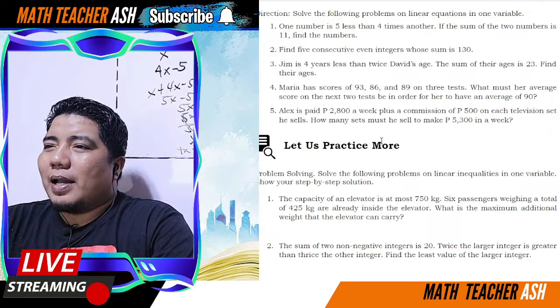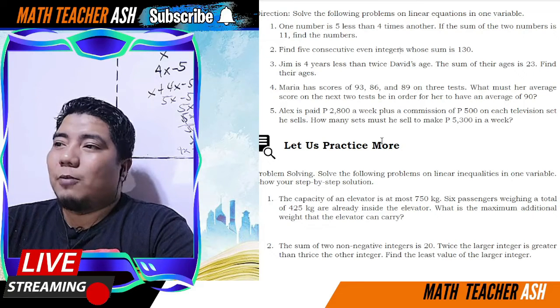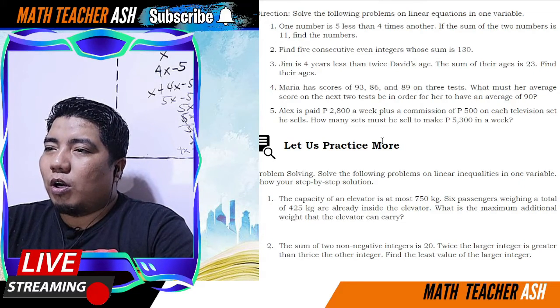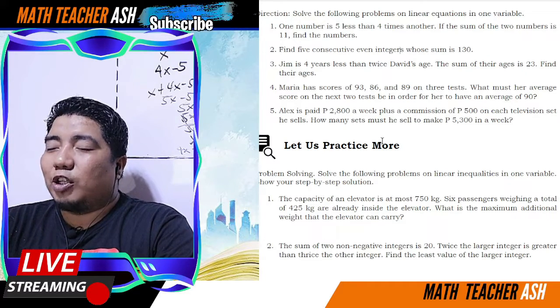Number 4: Maria has scores 93, 86, and 89 on 3 tests. What must her average score on the next 2 tests be in order for her to have an average of 90?